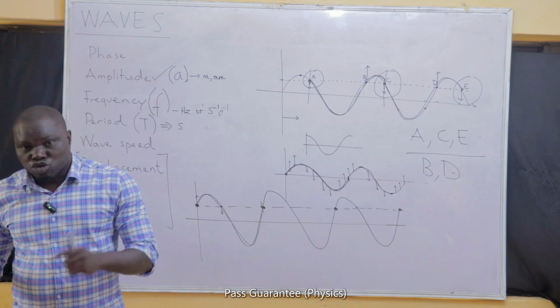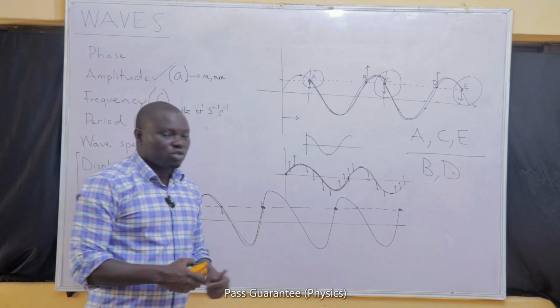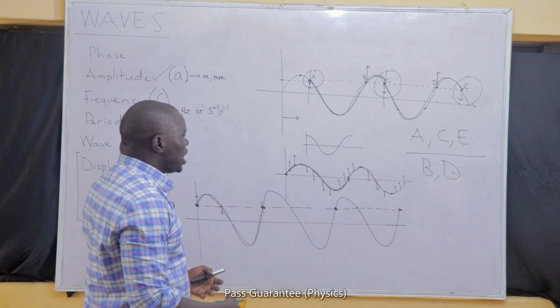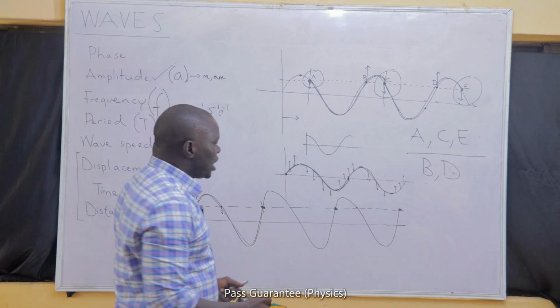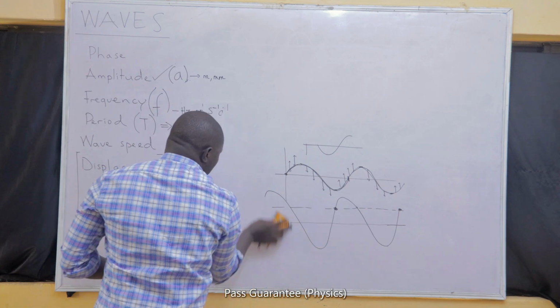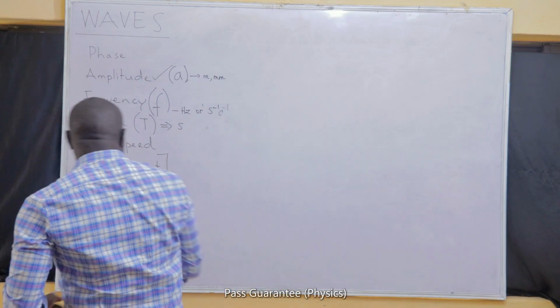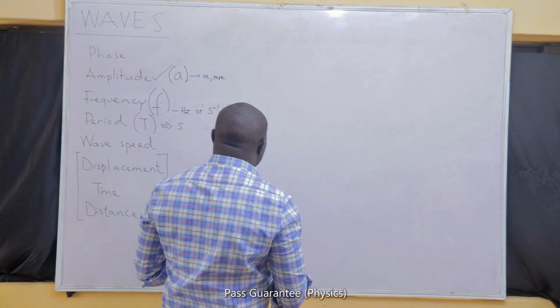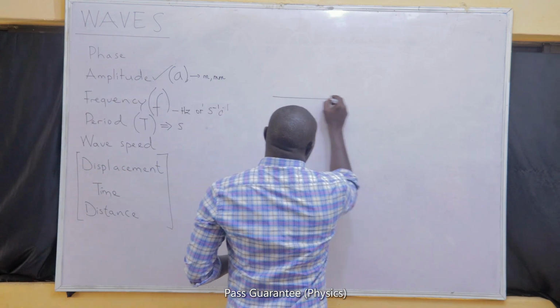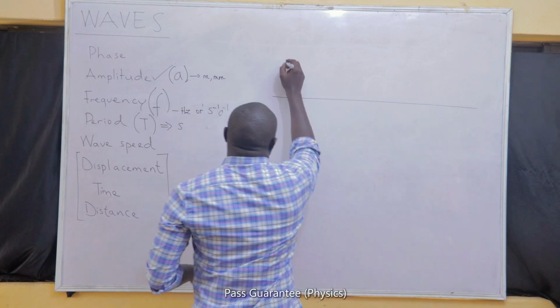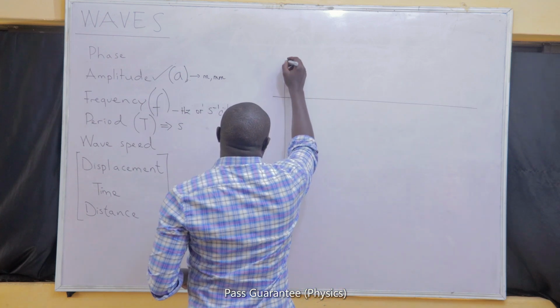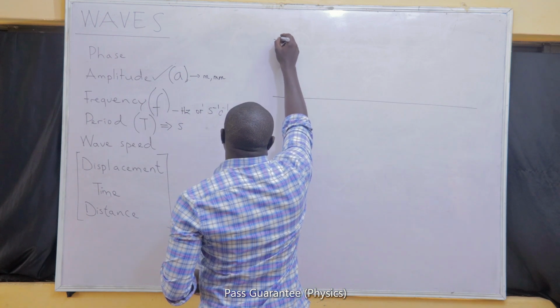So the pattern between two successive points that are in phase, 2 points that are in phase following each other, is a full cycle. One thing that we are also now going to talk about is wavelength. The reason why I did not list wavelength is because it is the only one that we are not going to get on a displacement time graph.